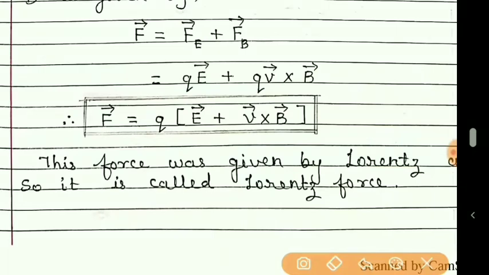Students, always remember that this magnetic force only acts when the charged particle is in motion. If the charged particle is stationary, then this magnetic force will not act on it.